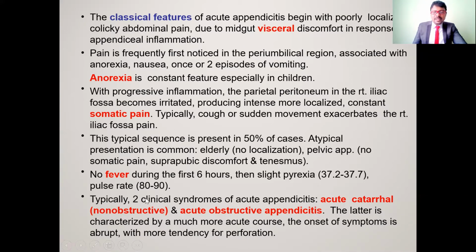There are two clinical syndromes of acute appendicitis: acute catarrhal and acute obstructive appendicitis. These are characterized by a more abrupt onset of symptoms and a greater tendency toward perforation, so these acute conditions give severe symptoms.